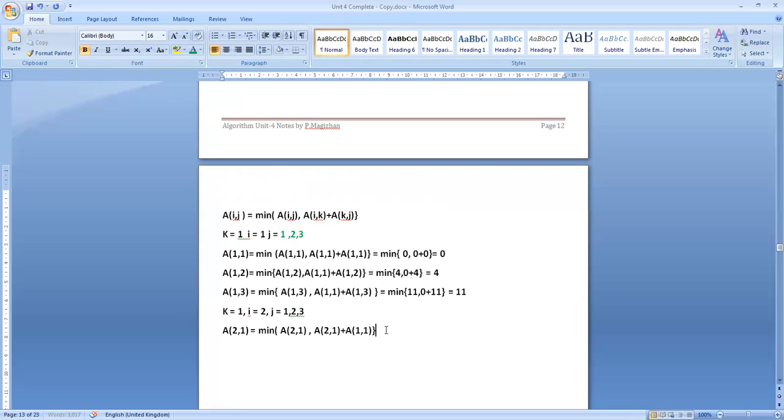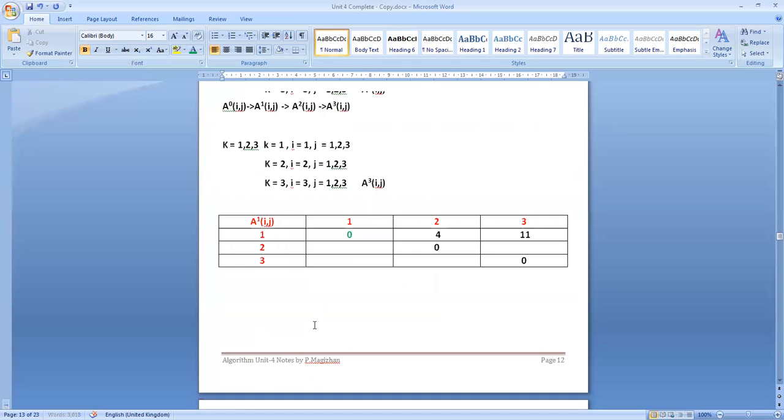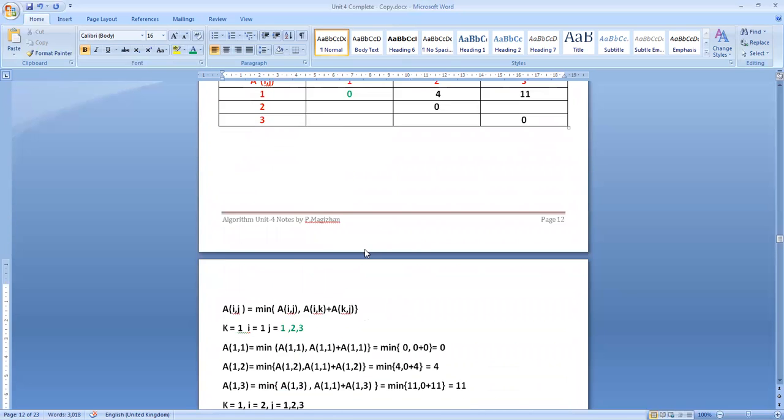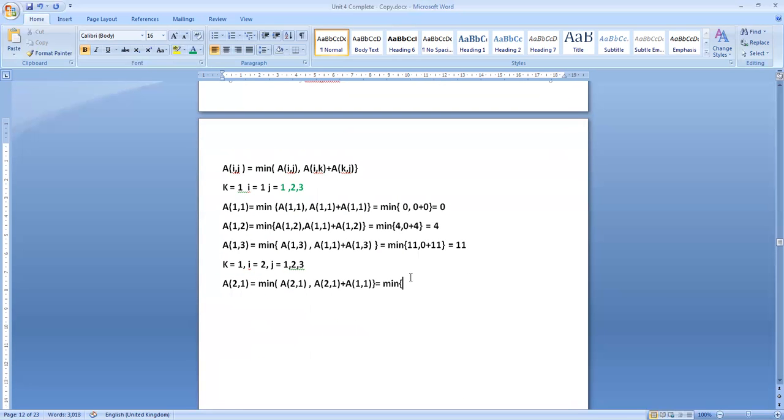Now this is equal to minimum of a0 of 2 comma 1, which is 6 only. So it is 6 comma a of 2 comma 1, again 6, plus a of 1 comma 1, 0.